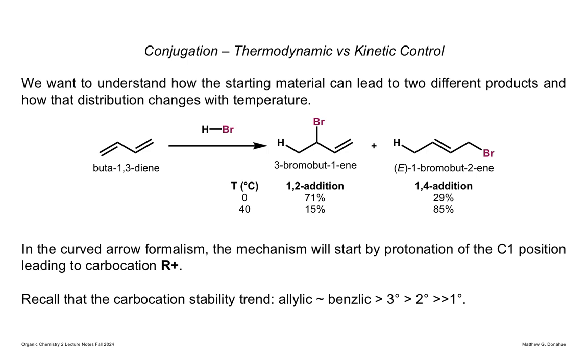So we saw that using the curved arrow formalism, the mechanism starts by protonating that C1. That gets the carbocation, which we classified. And again, here's the stability trend.